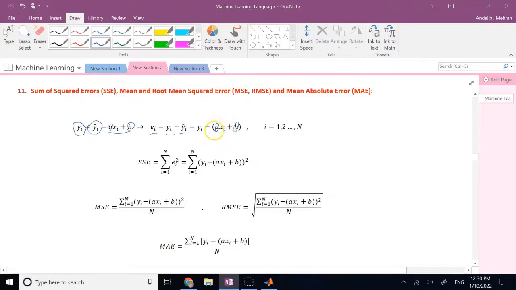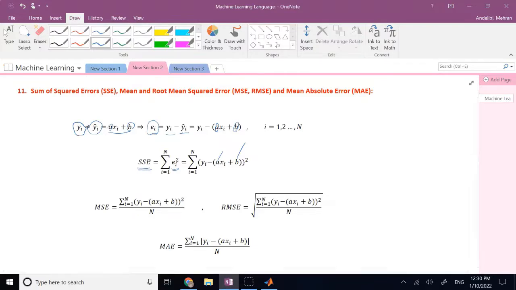what you do is, in order to find some function that you want to minimize, you're not just going to simply add these error terms together and say sum of the errors. Why? Because the errors, positive and negative, could cancel each other. So one of the methods is you square these error terms and add them together, and that is called sum of the squared errors. And you try to find a and b such that this SSE metric goes to its minimum.